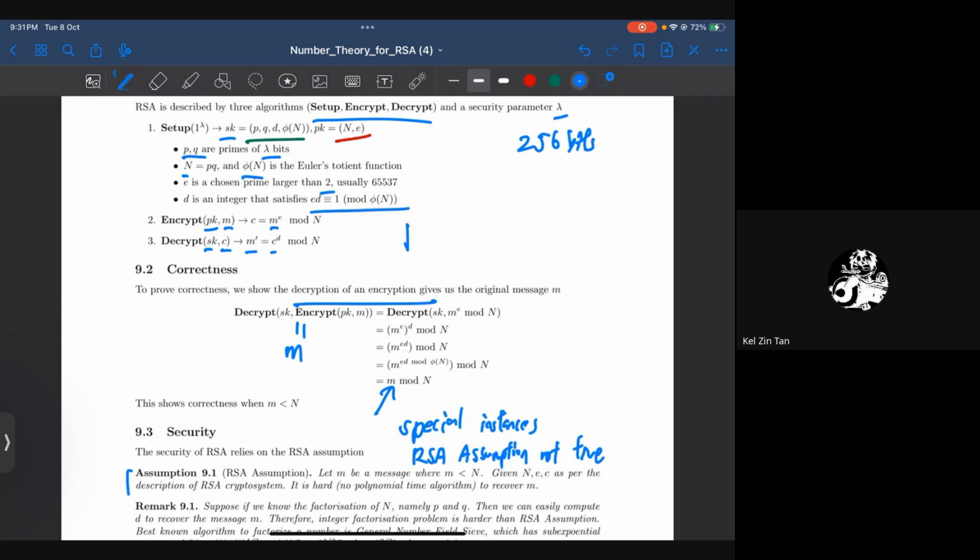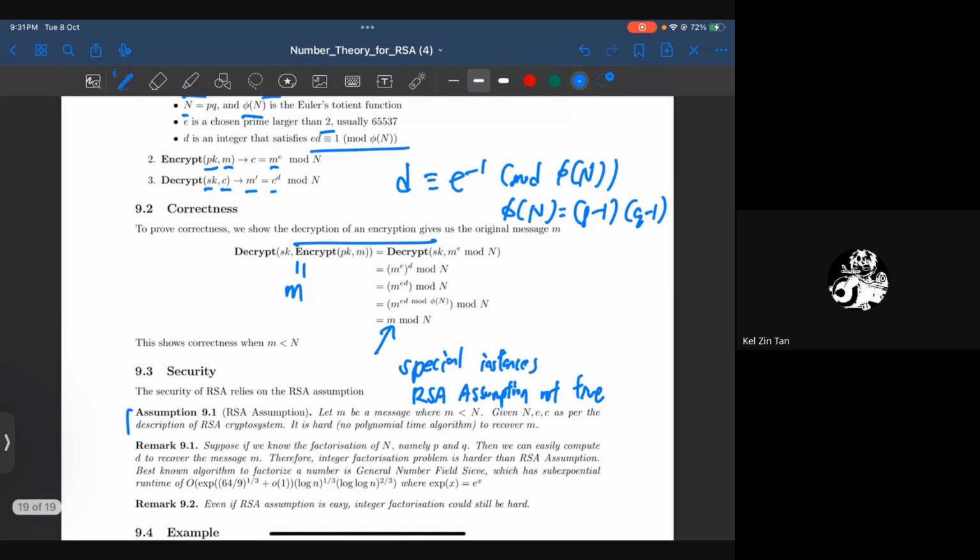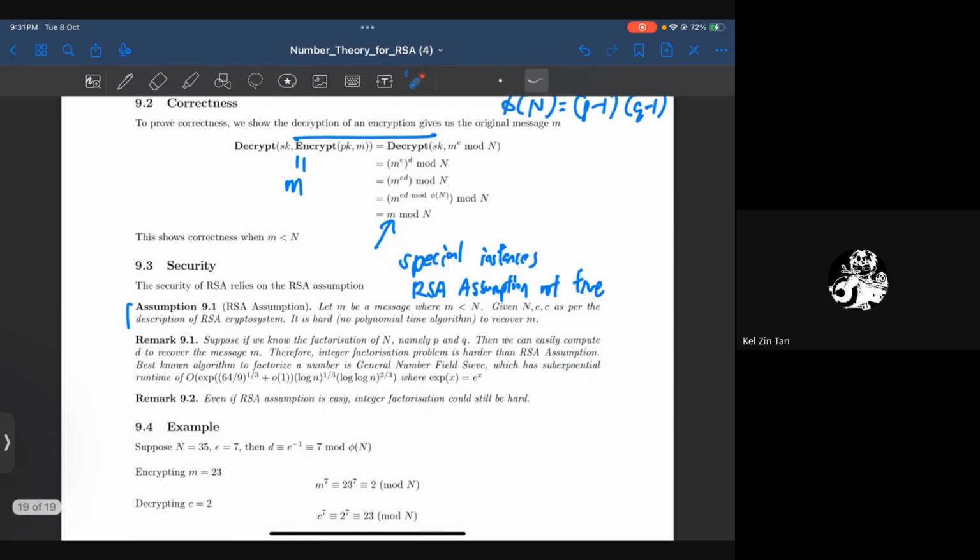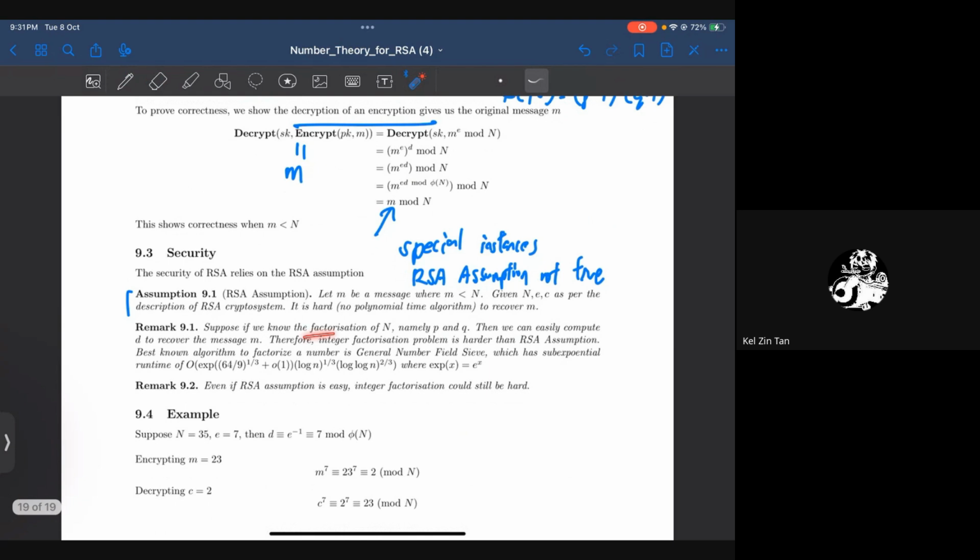So d is just e inverse modulo phi n, and phi n is p minus 1 multiplied by q minus 1. So if we have p and q, we can compute phi n easily, and then we can compute d easily. With d, we can decrypt the whole message. So suppose we know the factorization of n, then we can easily compute d to recover the message.